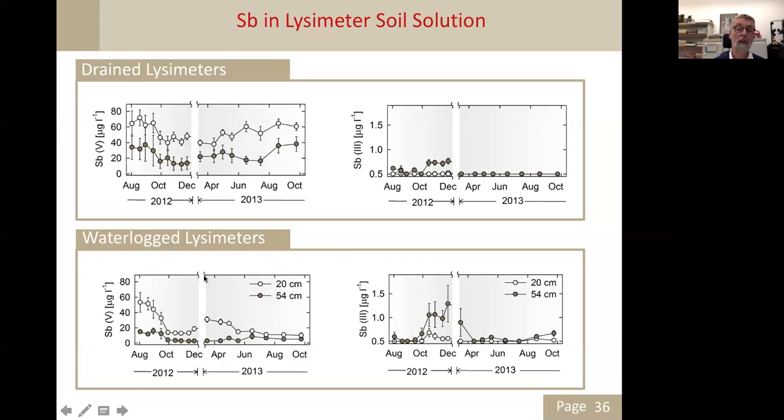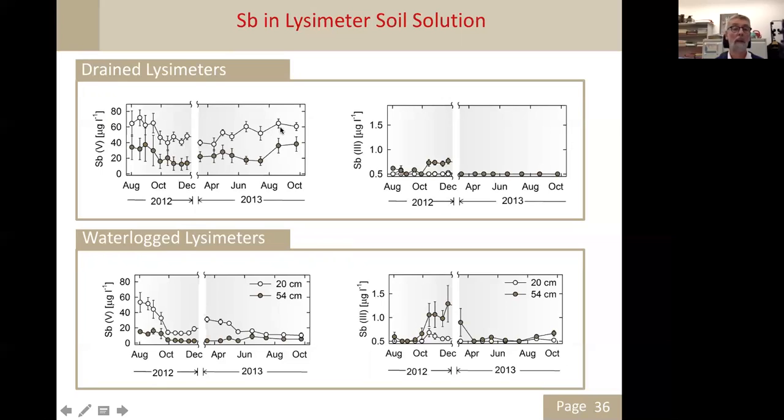Until the waterlogging started, they should have been the same, but we saw there were differences, and we have a lot of spatial variability with redox potential, so that's nothing to be really concerned about. But after the waterlogging, here we see that the antimony 5 concentrations get lower and lower, also in the topsoil, and remained low.